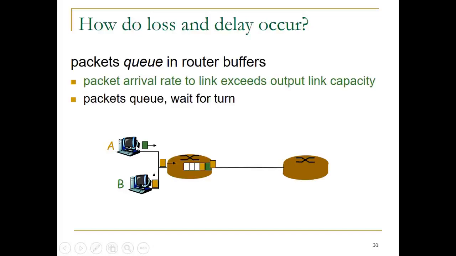Packet queues and router buffers. How do loss and delay occur? Usually it occurs when you do have packet queues in a router buffer. So when the routing table is saturated with a lot of packets being queued up, then you can have a lot of issues with delays. Packet arrival rates to a link exceeding the output link capacity cause packet queues and wait for your turn.